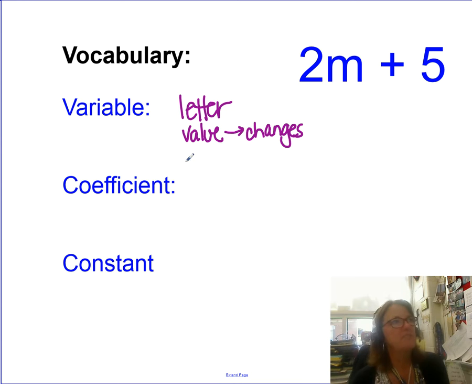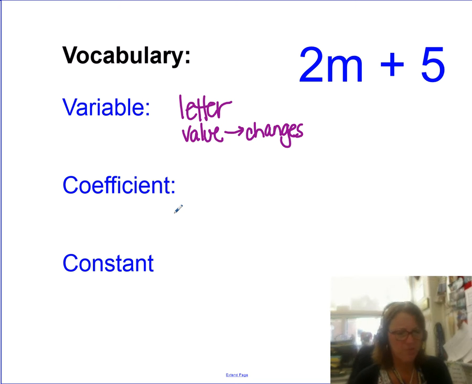Okay, variable. Next is the word coefficient. Coefficient. What a great word. I don't know that you'd hear it in many other contexts, with the exception of maybe some social studies or psychology when you're doing statistical studies, but pretty much it's a mathy word.